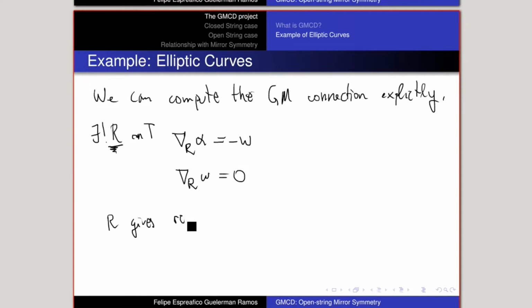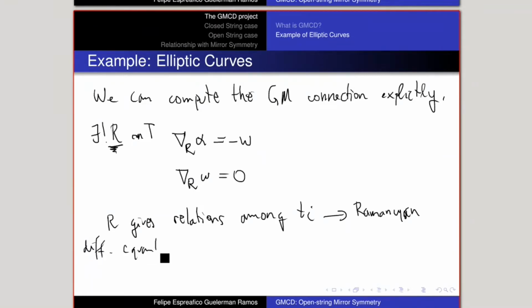And this vector field gives relations among the Ti, and these relations are exactly the Ramanujan differential equations we get for Eisenstein series.